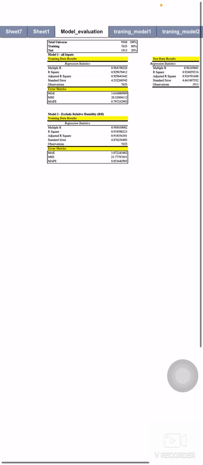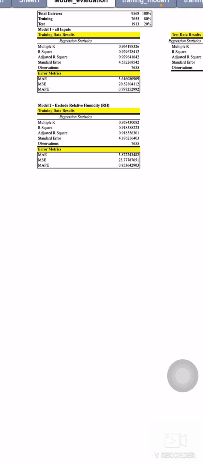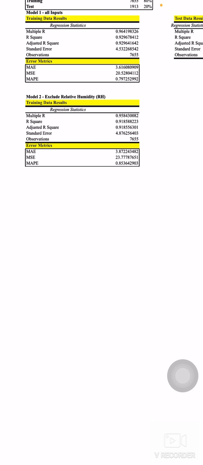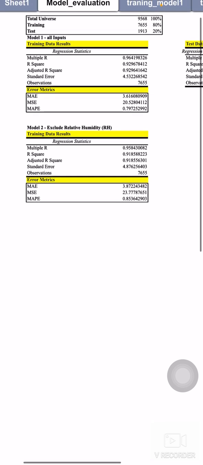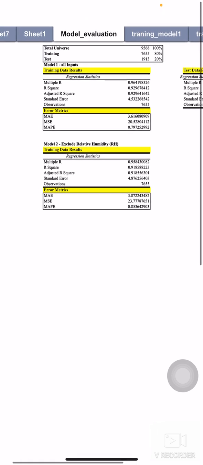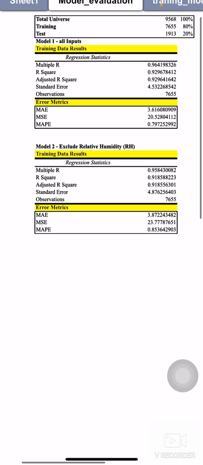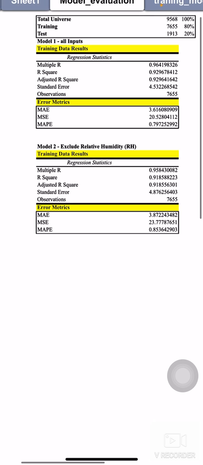So as you can see over here, for the first model, so R square method. So I would like to compare both models and then the test dataset model to make an interpretation. So R square is very high if you compare it with the model 2 outputs.